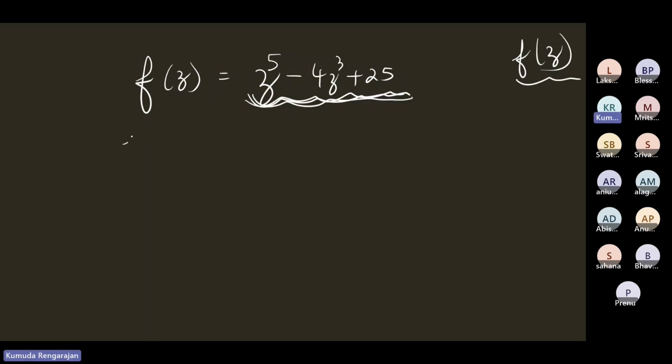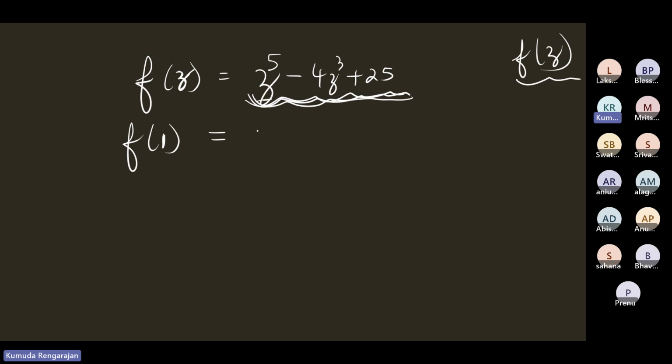Now let us find f of 1. How to find f of 1? F of 1 means in this polynomial, in place of z, we have written 1, no? So do the same thing. In place of z, use 1.